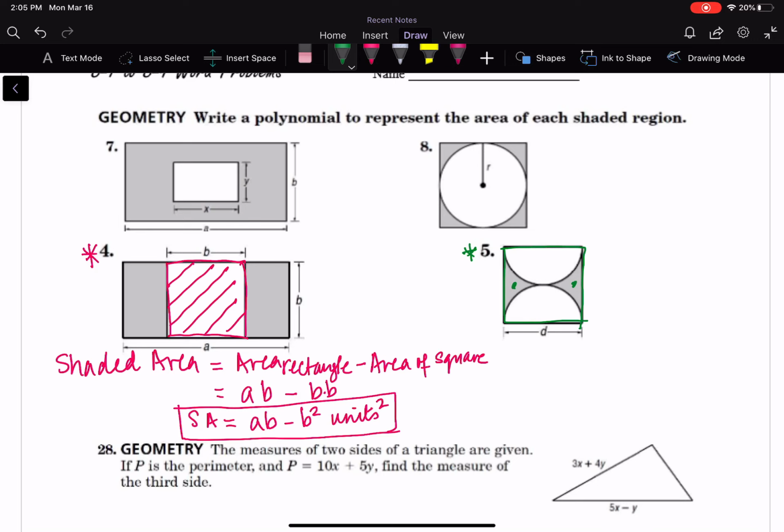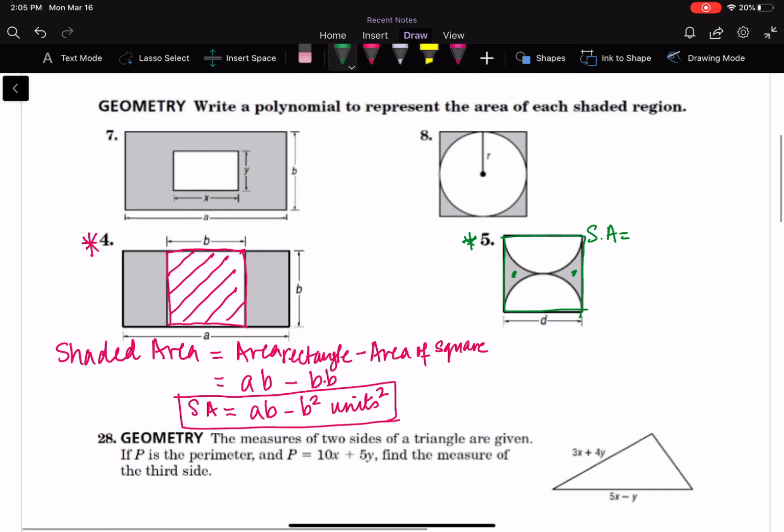So shaded area in this case is equal to area of square minus area of circle. And the square's dimensions are d times d. So it's d times d is the square minus, to find the area of the circle, you have to do pi r squared.